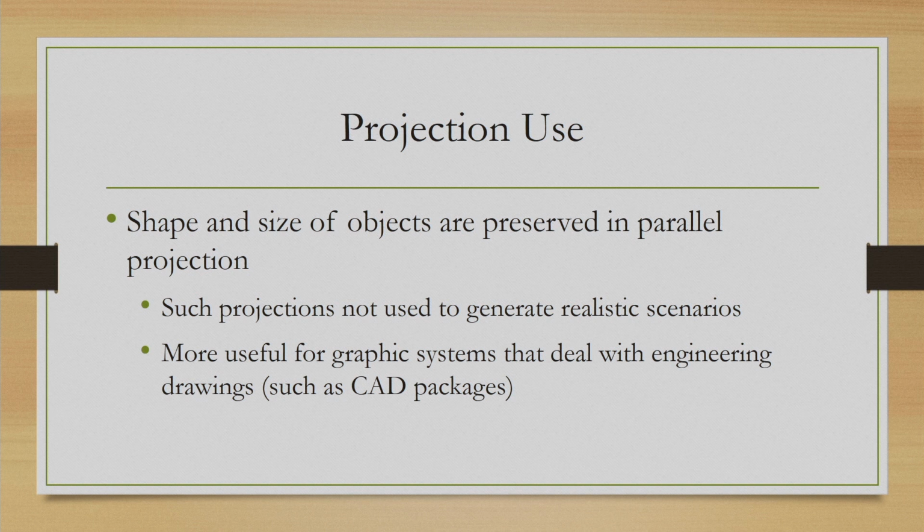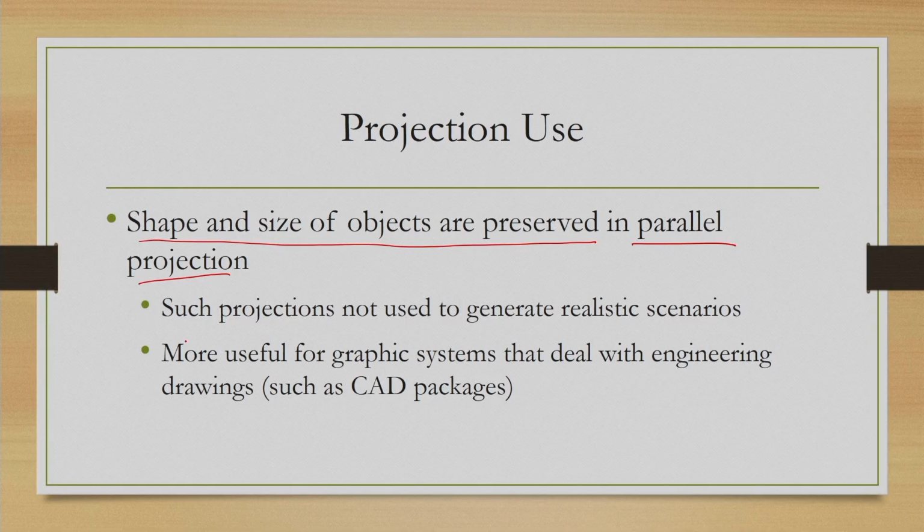On the other hand, in case of parallel projection, the shape and size of the objects are preserved, they do not change, unlike in case of perspective projection. As a result, parallel projections are not suitable for giving us realistic images. If we use parallel projection to generate a scene, it would not look realistic.